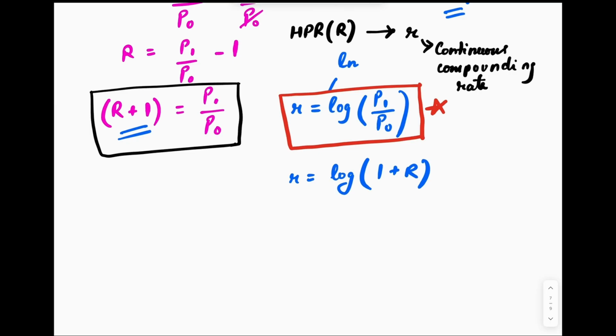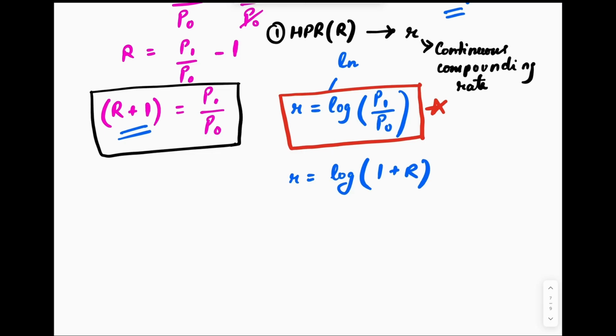So basically, coming back to the first case which I was telling you, whenever you are given the holding period return, which is the big R, by using this formula you can always calculate your continuous compounding rate. Let me repeat. Whenever you are given a holding period return, big R, using this formula you can calculate your small r, that is the continuous compounding rate.